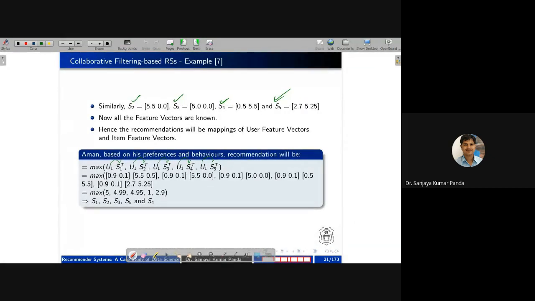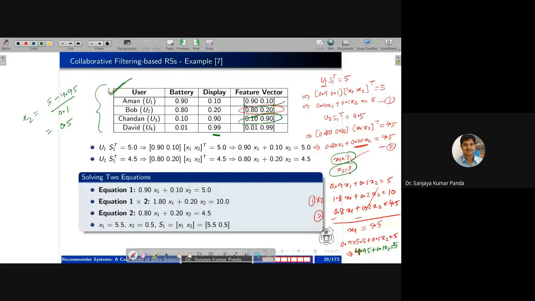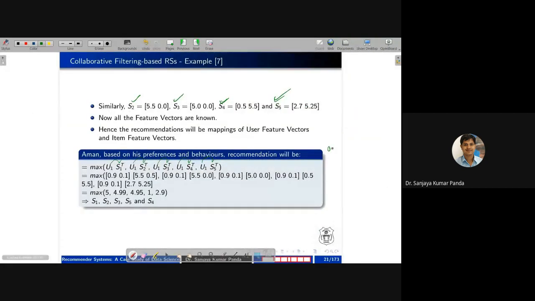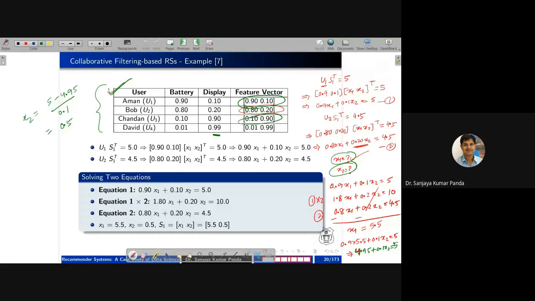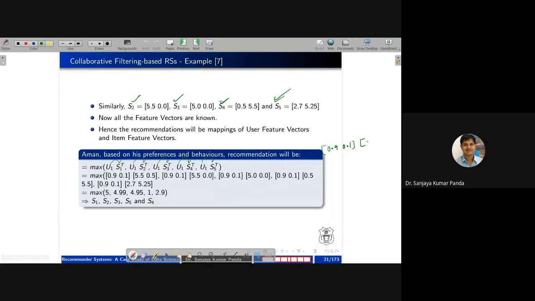So if you multiply these two, here the U1 feature you can take 0.9, 0.1, and the smartphone feature which we found here, x1 is 5.5 and x2 we found as 0.5. If you multiply them, then you will get the value as 5.